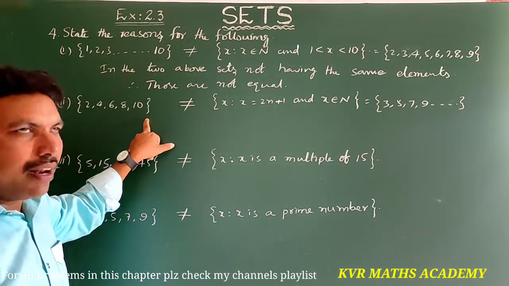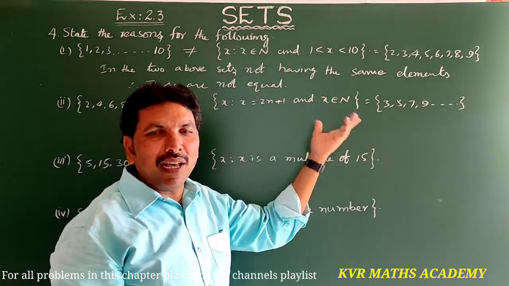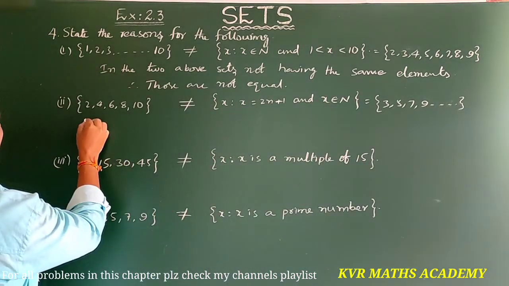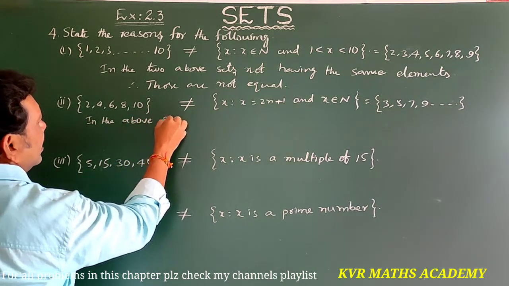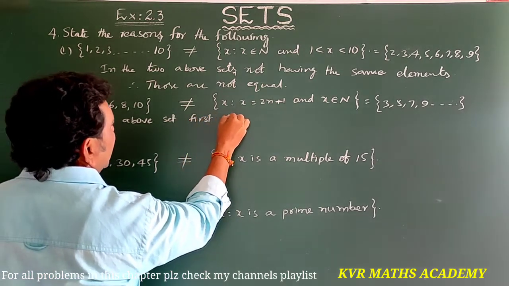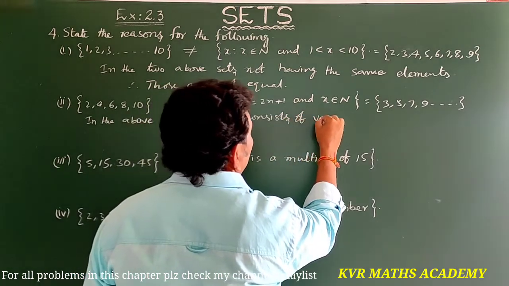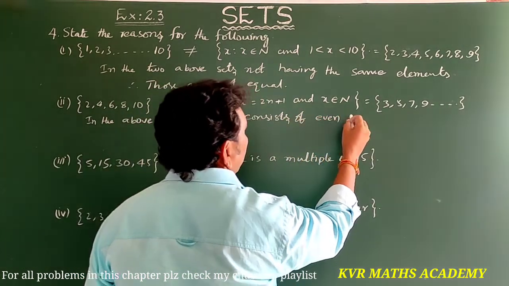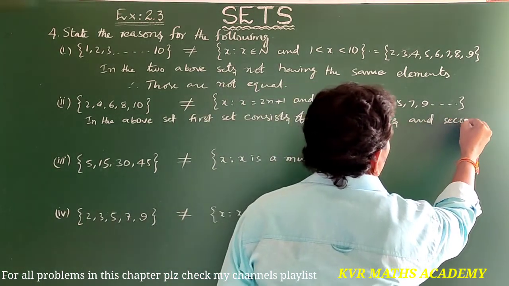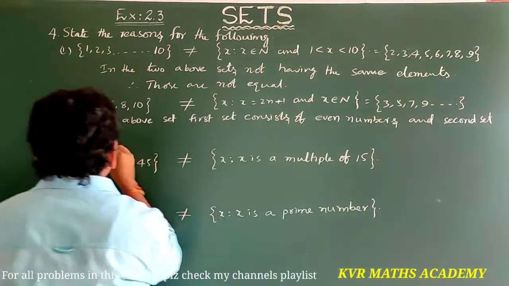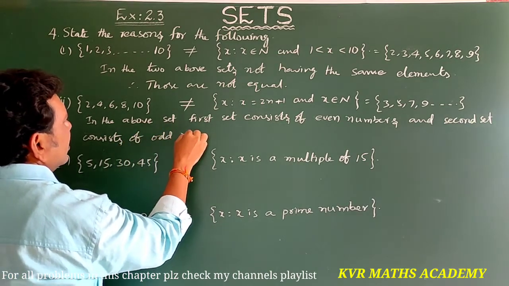First set consists of even numbers and second set consists of odd numbers. So both are not equal. In the above sets, first set consists of even numbers and second set consists of odd numbers.